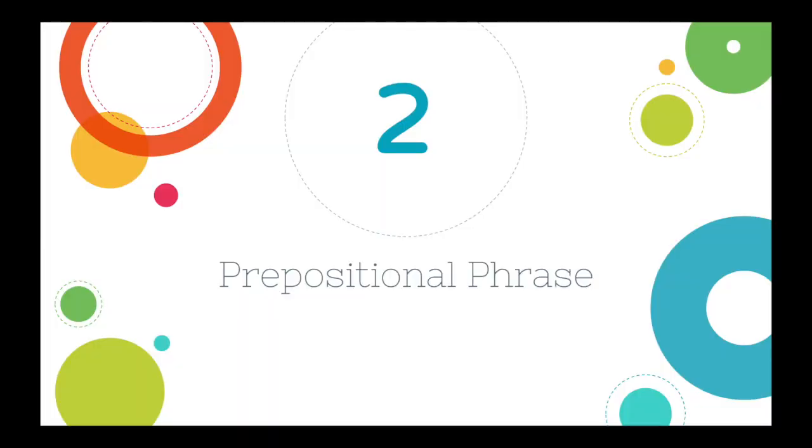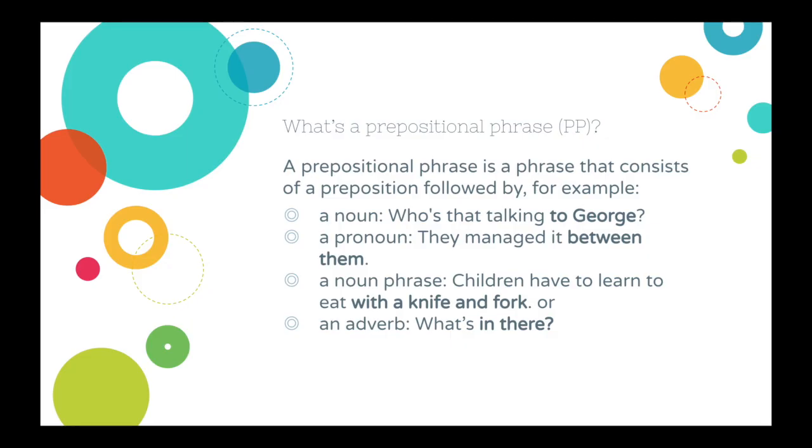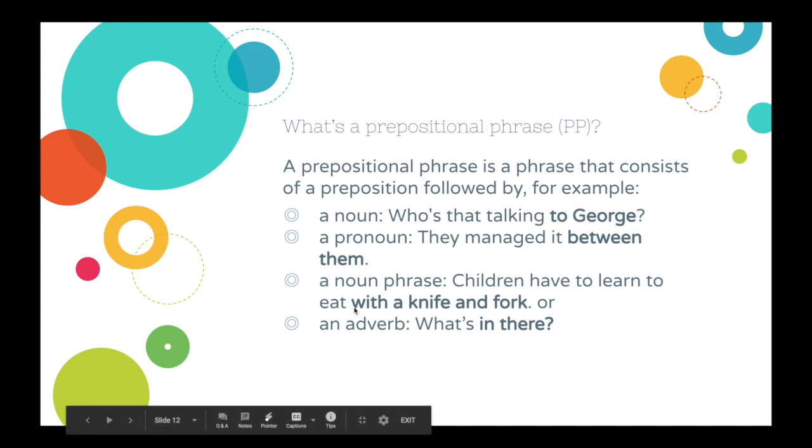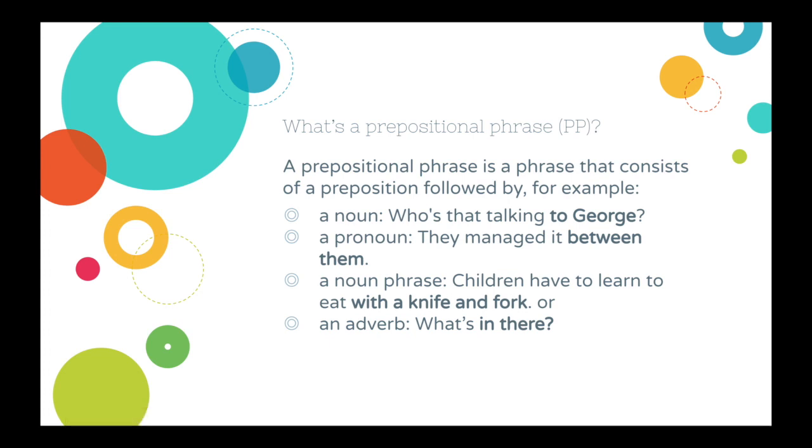Now, let's talk first about prepositional phrase. This is one of the easiest ones, so I want to talk about it first. So what is prepositional phrase? We also abbreviate it, disingkat, with PP. A prepositional phrase is a phrase that consists of a preposition followed by a noun. For example, who's talking to George?